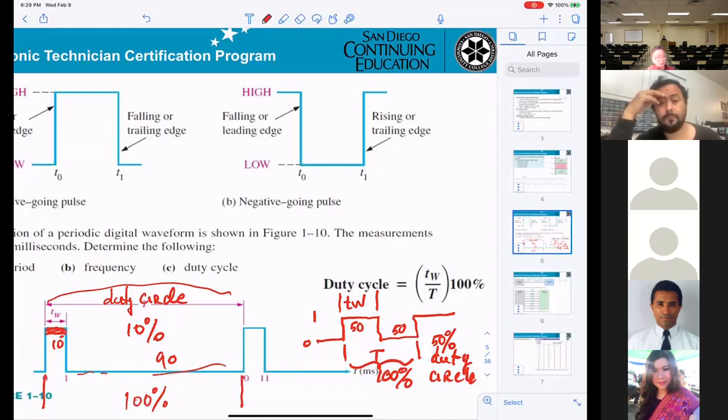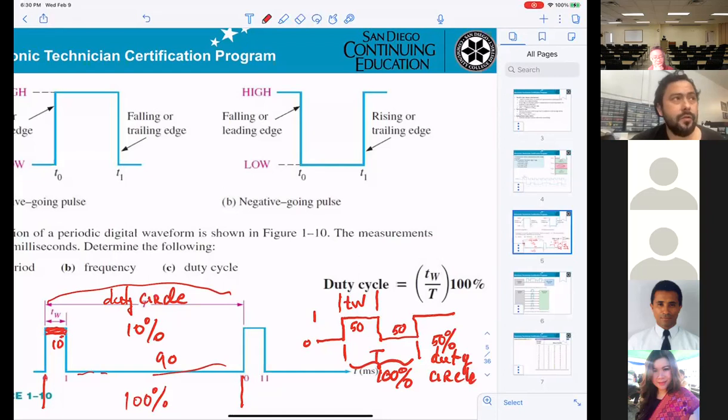You must know the TW, the width of the signal. How many percent? For example, on that one, I estimated, not exactly. I say this is a 10, and the rest have to be 90.